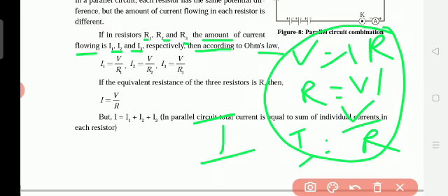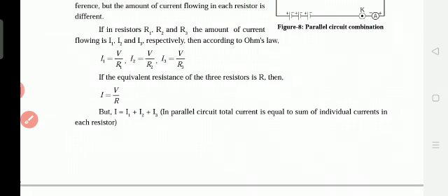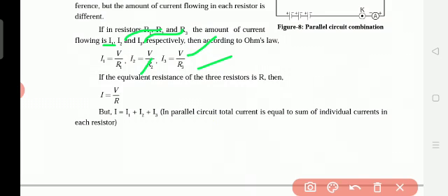So here, the currents in R1, R2, R3 are I1, I2, I3. According to Ohm's law for the parallel combination, I1 is equal to V by R1, I2 is equal to V by R2, I3 is equal to V by R3.